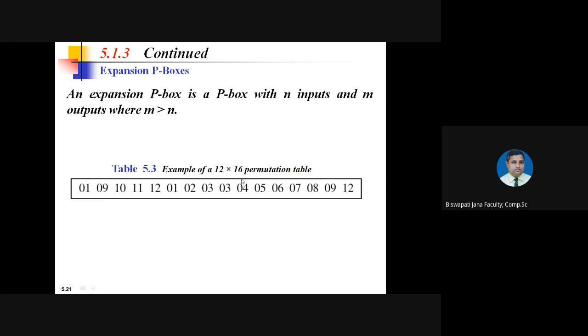In this way, this is expansion. Expansion means at the input level we have used 12 bits, but at the output level it has used 16 bits. So from 12 to 16 the key has been changed. This is called expansion because the number of bits has increased.